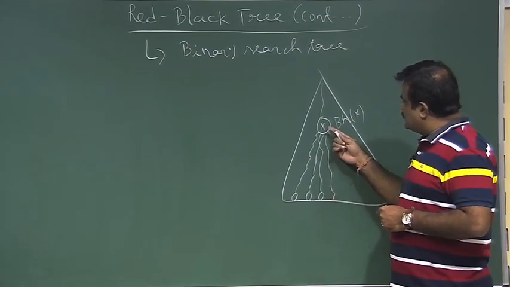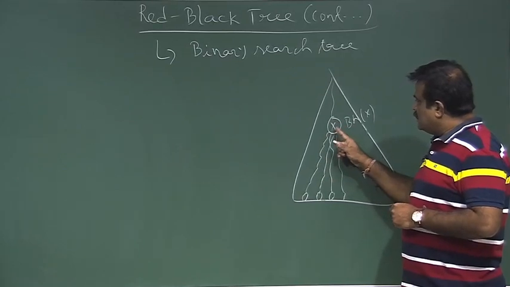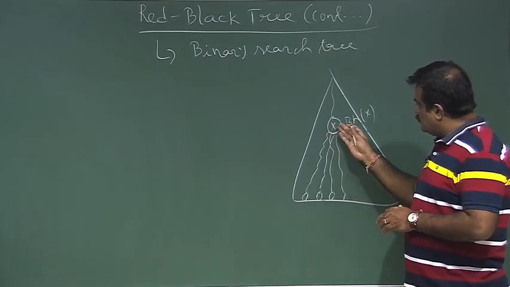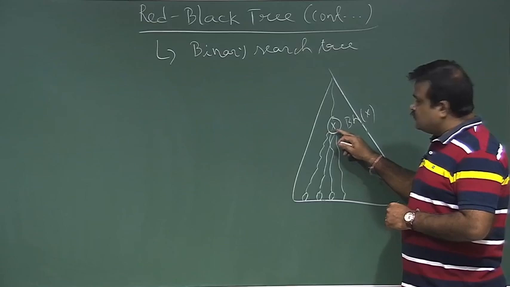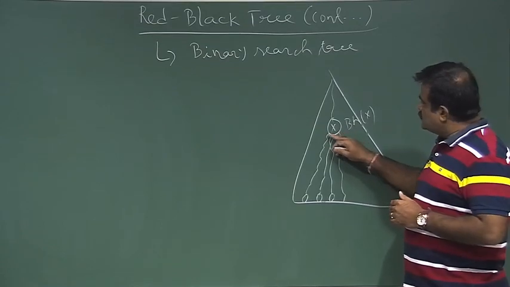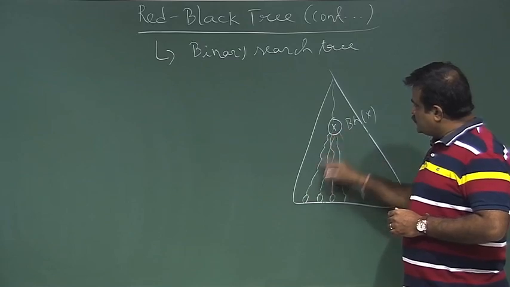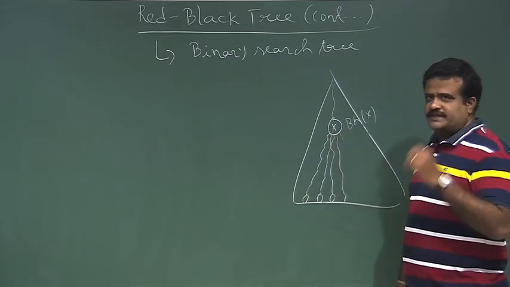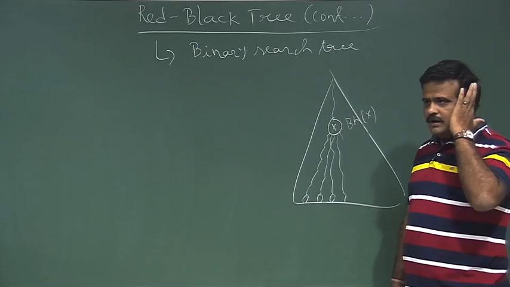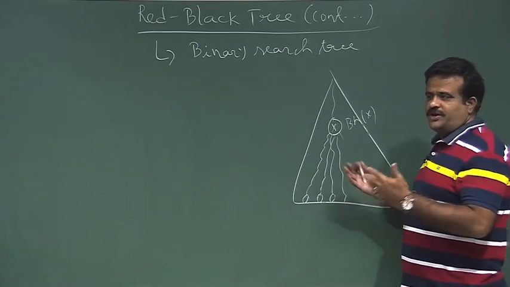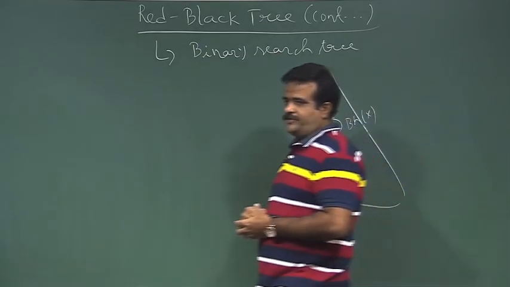If the color of x is black, we will not count it. Excluding x, we just count the number of black nodes in the path from x to any leaf, and that has to be the same.